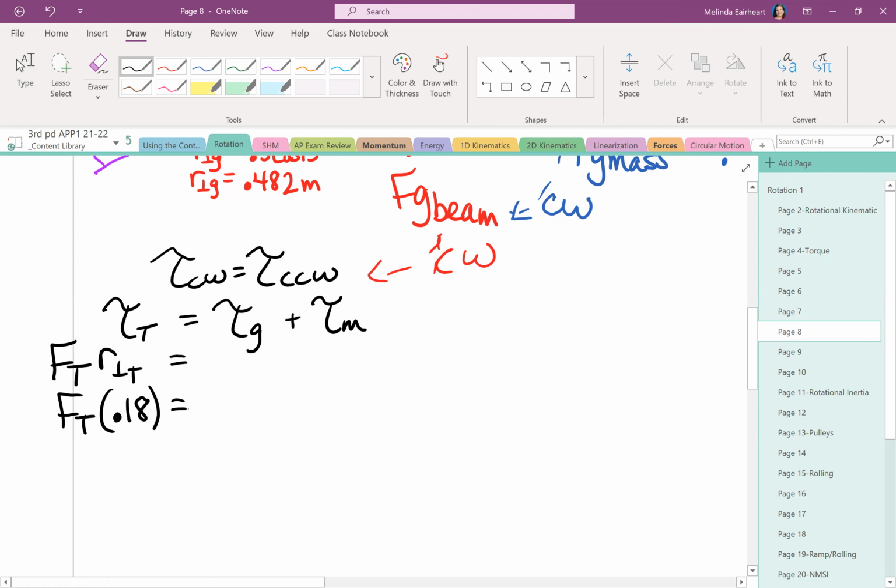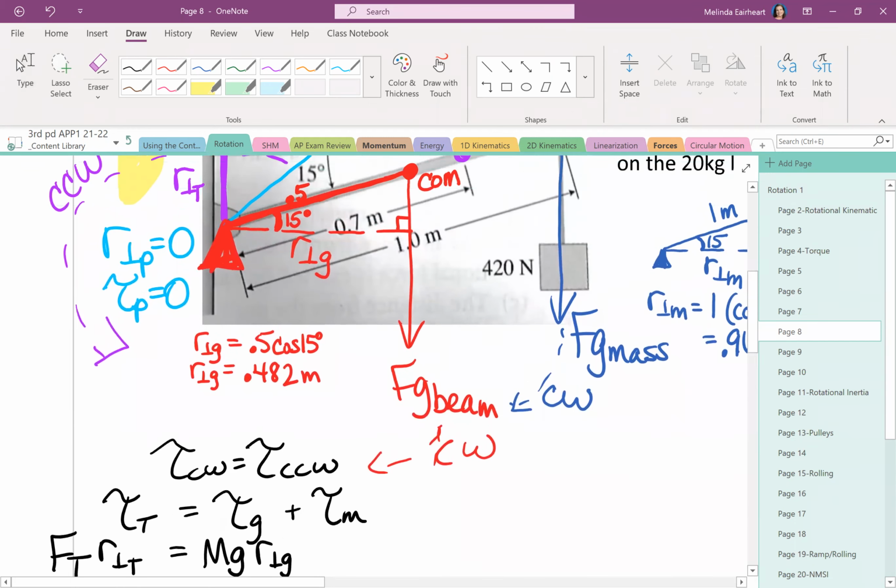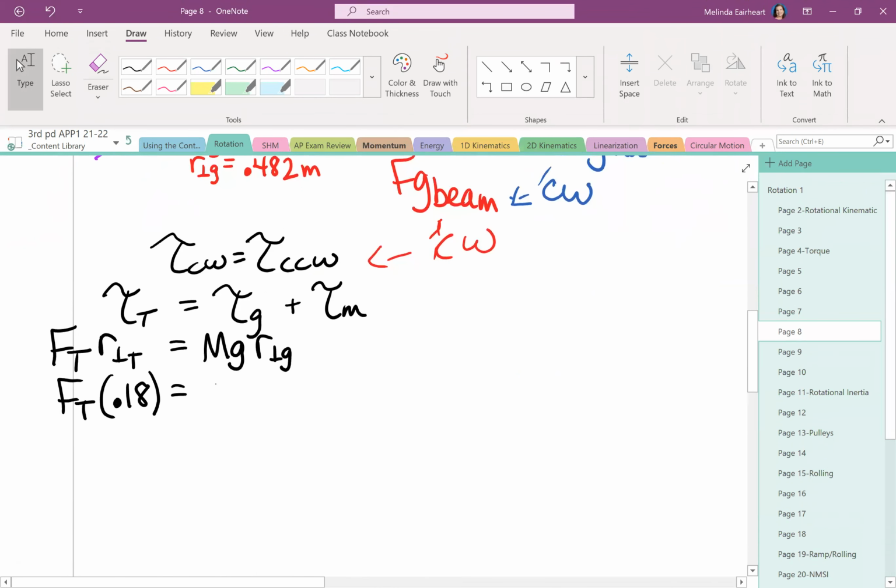Torque of gravity is the force of gravity, also mg, times its lever arm. Mass, they told us, of the beam was 20, times gravity 10, and its lever arm was that 0.482, plus the added mass.